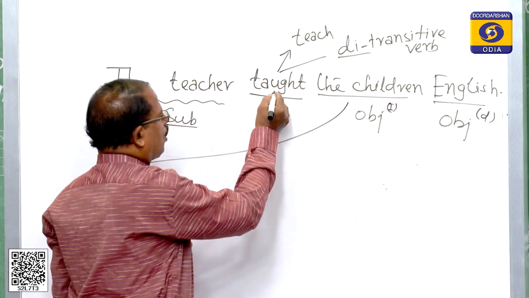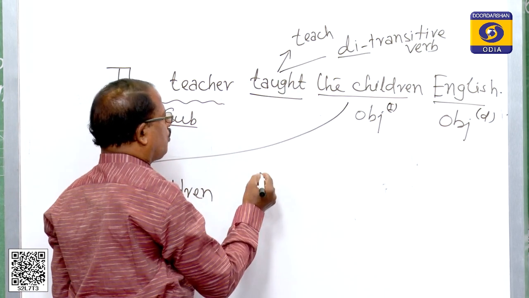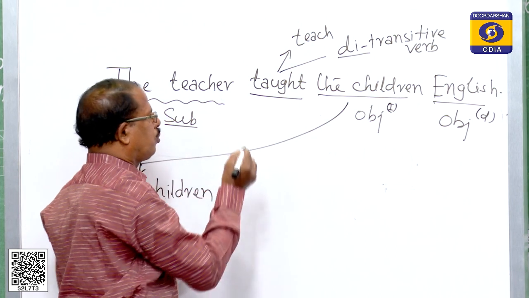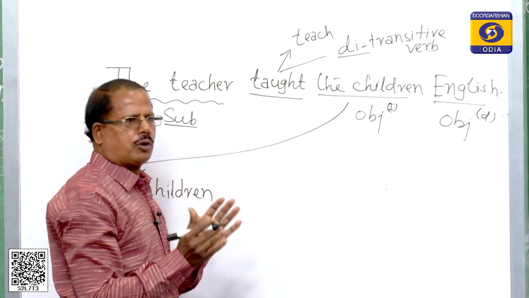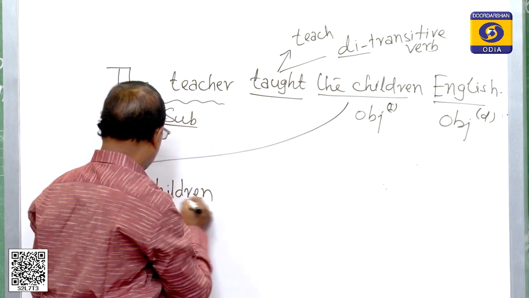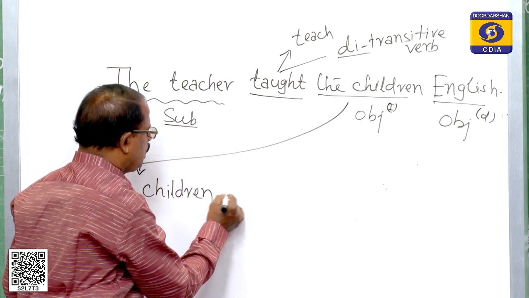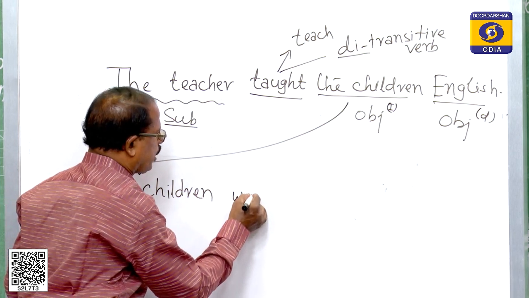And taught here, this is the third form of the verb and we have to use a be verb because this is in simple past. So, we have to use the passive form in simple past, which means we have to use the be form. For the children, the past form is was or were. Was is the singular form, that is why we write were.